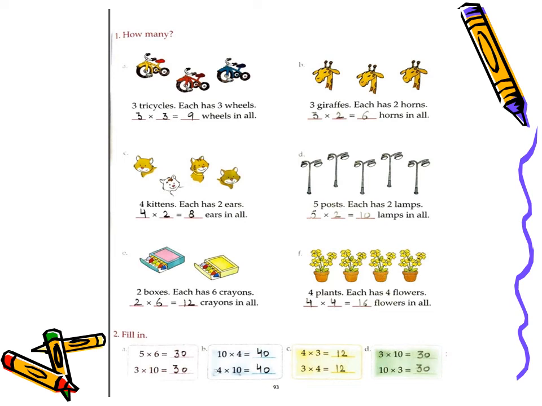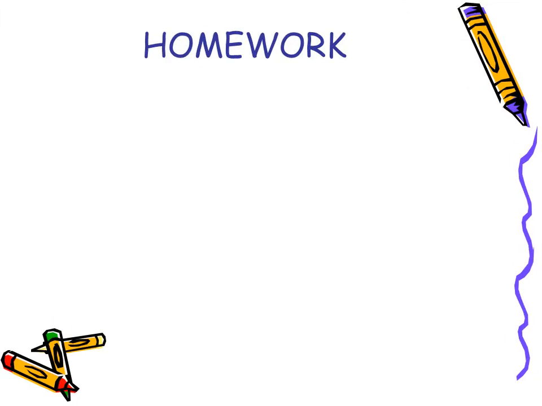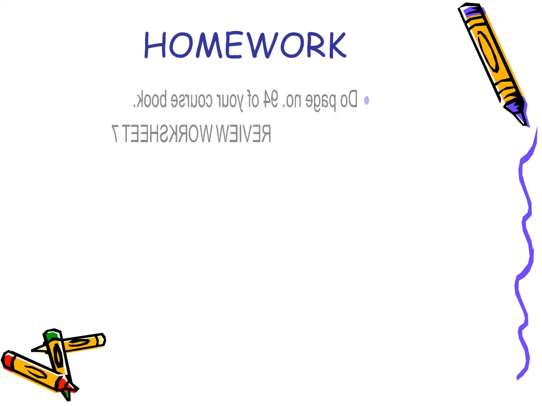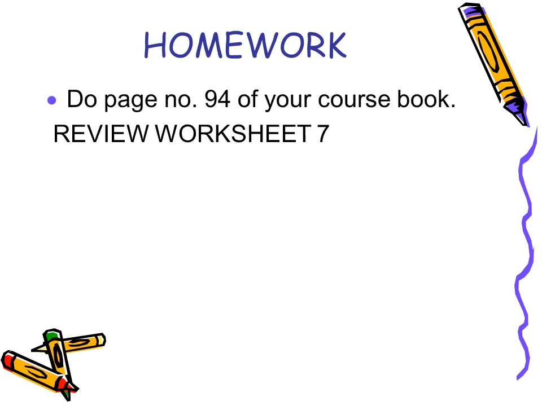Let us move to the next section, which is your homework section. In your homework, you will be doing page number 94 of your course book. Page number 94 of your mathematics book. You can open page number 94. It is review worksheet 7.